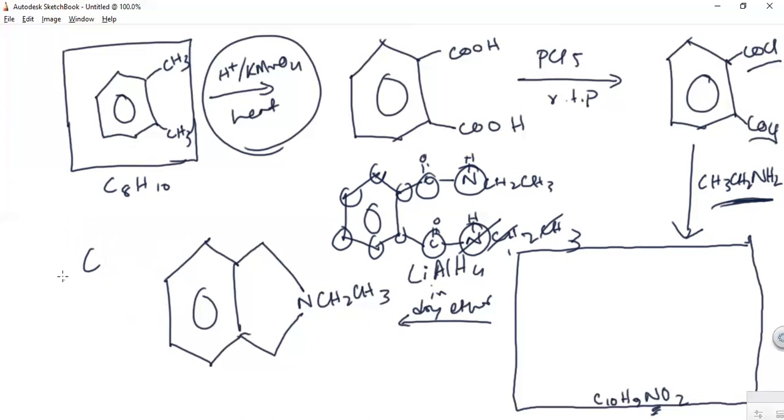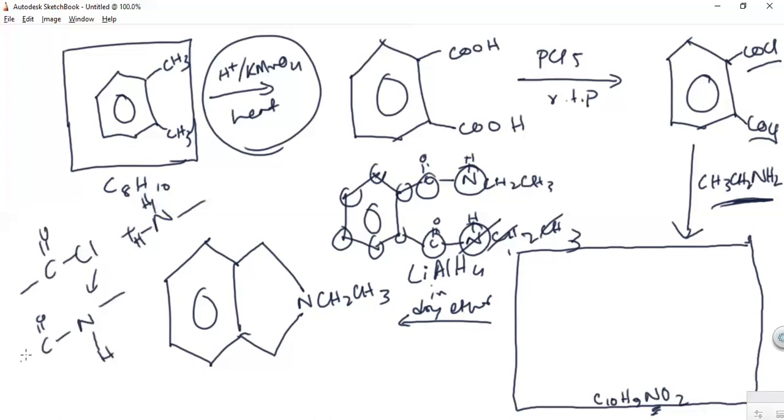Let's say we have some acyl chloride plus NH2, that means this nitrogen-hydrogen amine group. Now this hydrogen and this chlorine react with each other and tend to form this bond. I just drew this hydrogen to the bottom side.